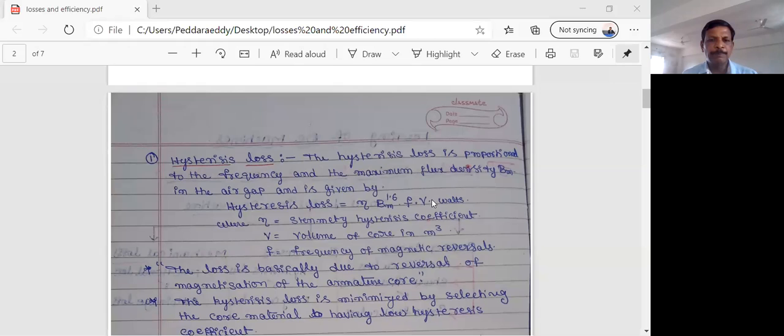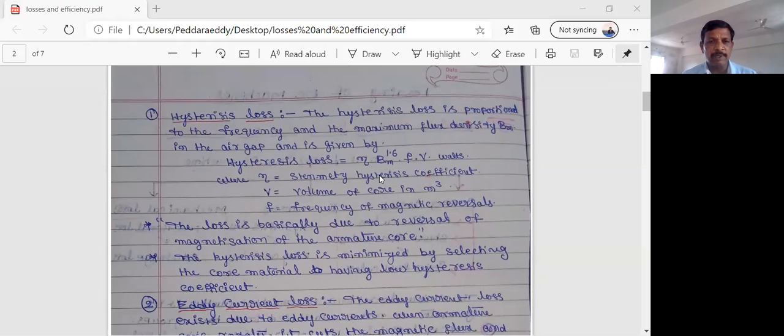The hysteresis loss is given in watts. This equation shows the power loss due to hysteresis.